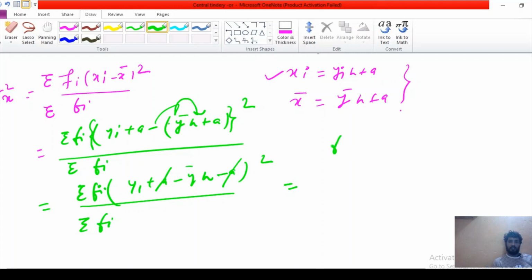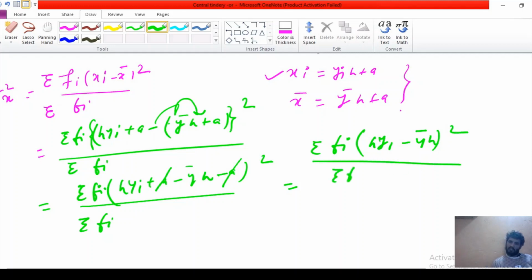We can say the sum of fi (yi minus y bar) h, whole square, divided by the sum of fi. So h square is common.